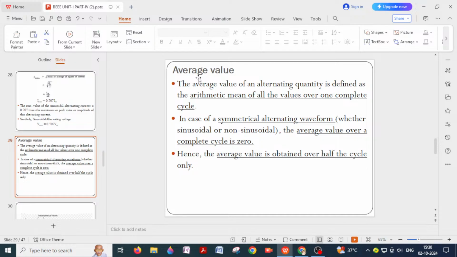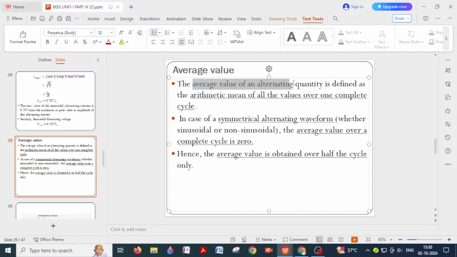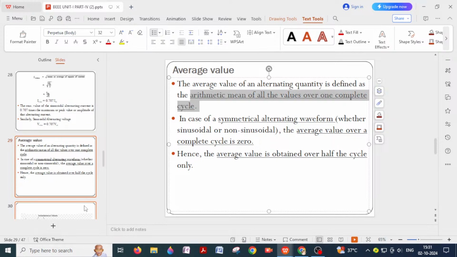If I want to determine the average value of an alternating quantity, then it is defined as the arithmetic mean of all the values over one complete cycle. So for that, let us see this.